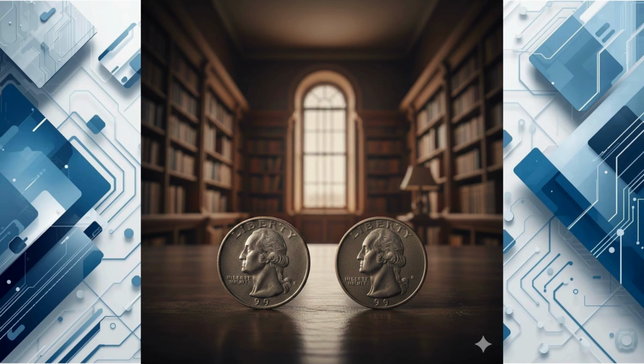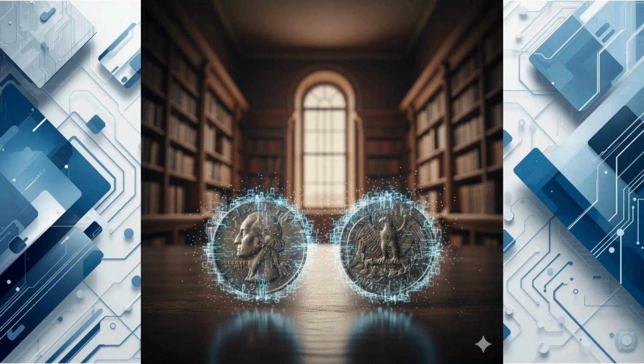If both coins stop spinning and one coin shows heads, then we can be certain that the other coin is also heads without even measuring the outcome of that coin. In the subatomic world, it is called quantum entanglement.